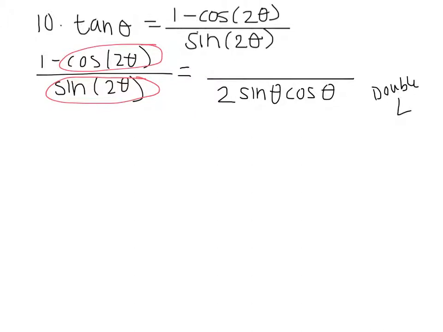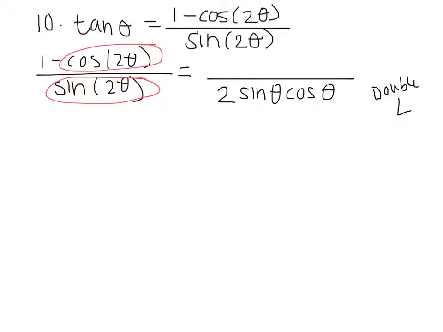Okay. Now I know I have an option for cosine of 2 theta, because you remember we have 3 different things that we can choose. It doesn't really matter which one you pick. However, I might think of swapping out cosine of 2 theta with the middle identity, the one that has a -1, or the last identity, the one that has a +1.